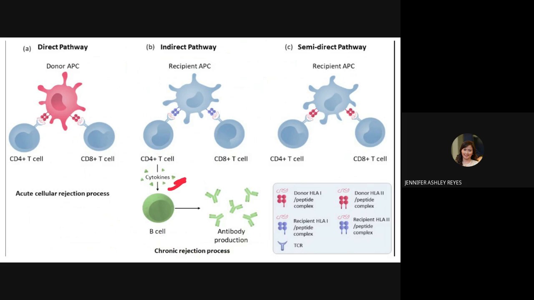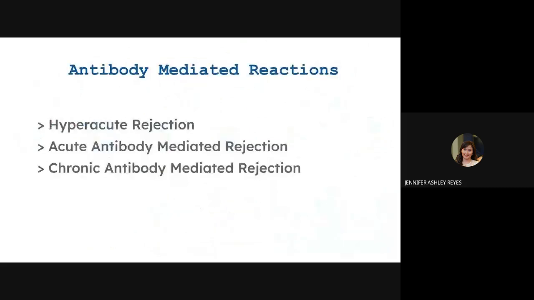That will induce local inflammation and will stimulate proliferation of vascular endothelial and smooth muscle cells. Okay, so those are your T-cell mediated reactions. So T-cells lang ba yung may kakayahan na mag-mediate ng rejection? Hindi. Pwede rin antibodies. So yung antibodies natin, meron tayong tinatawag na hyperacute, acute antibody, and chronic antibody mediated rejection.